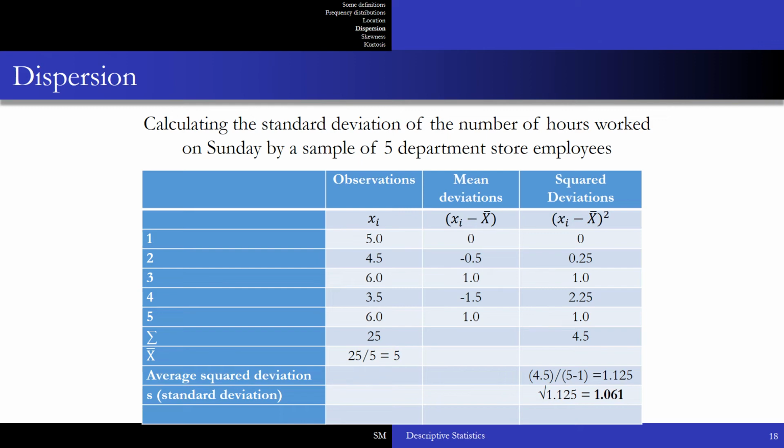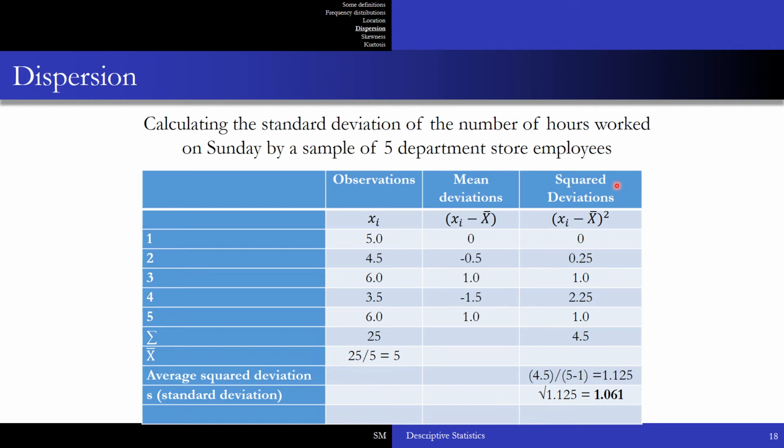Next step, calculate the deviations from the sample mean. 5 minus 5 is 0. 4.5 minus 5 is minus 0.5. 6 minus 5 is 1, and so on. So now we have the mean deviations.